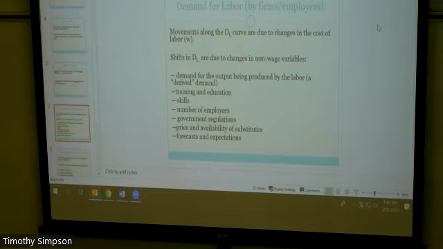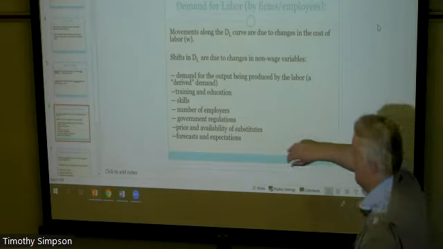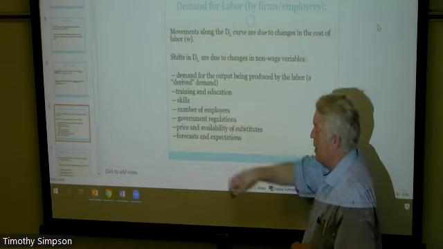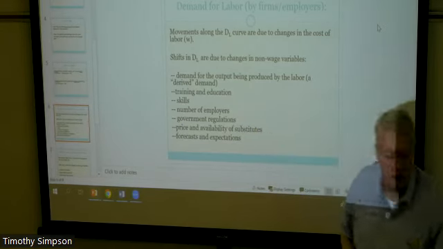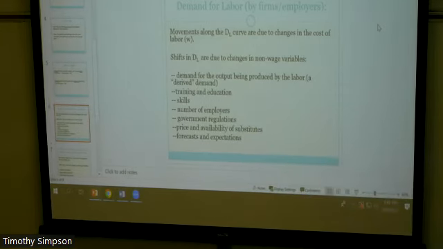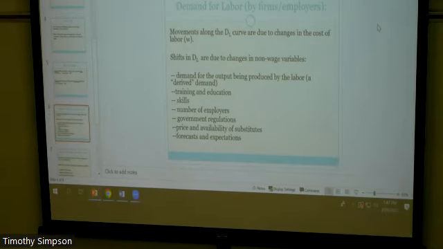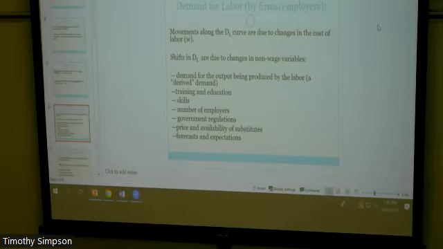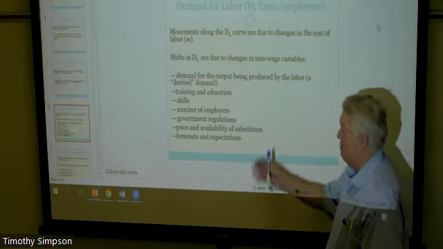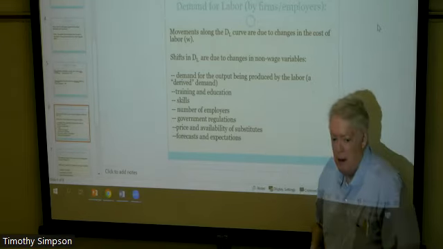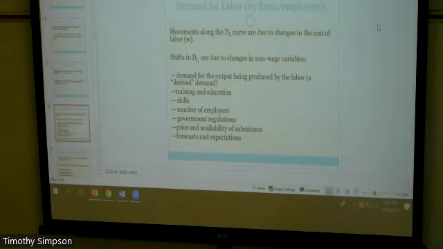Okay. The last thing I talked about, and I don't think I really got into this enough last time, was this idea of government regulations. One of the examples that I gave, which I think is similar to what was talked about in the text, was sometimes government requiring that only certain people with certain qualifications do certain activities. I think the example I gave was of a school psychologist.